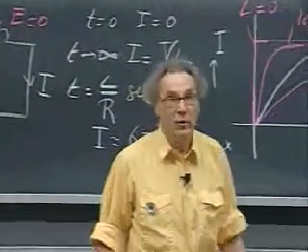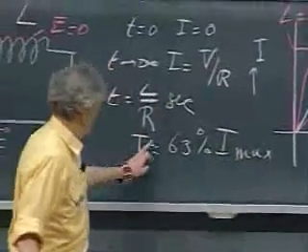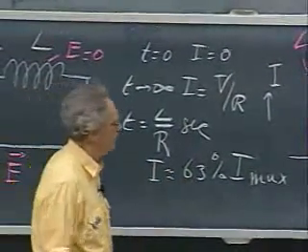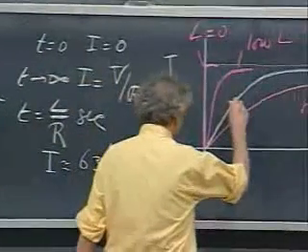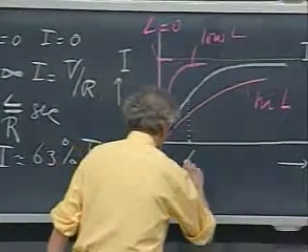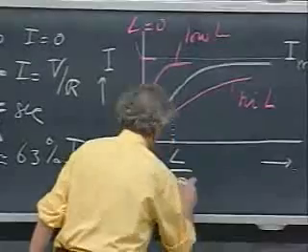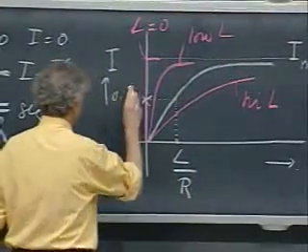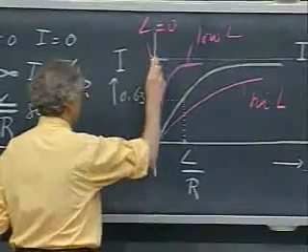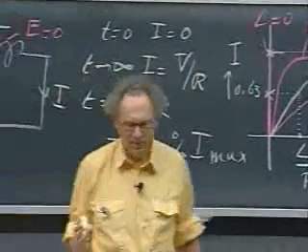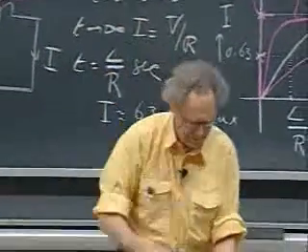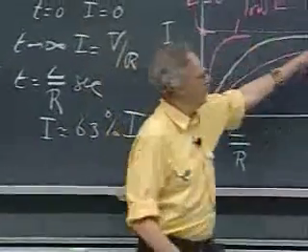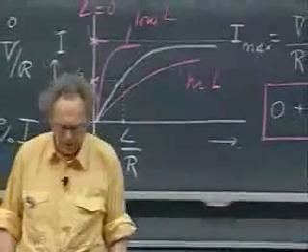And if you wait double this time, then you have about 86% of the maximum current. In other words, right here, if I wait L over R seconds, this value here is about 0.63 times the maximum value possible. And it's climbing up and asymptotically approaches ultimately the maximum current, which is V divided by R.